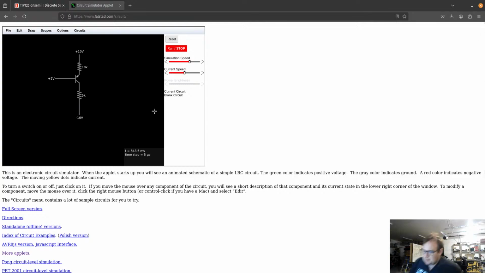Anyways, what did they want that to be? Consider PNP over what range of VB, relative measure to ground, will Q1 operate in the constant current region? Okay. So, I don't know how to answer this question.